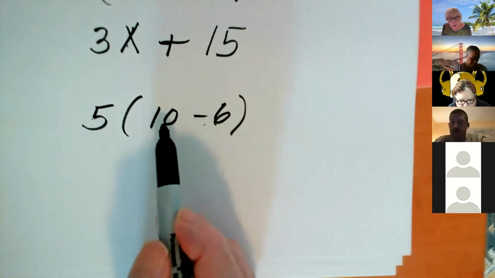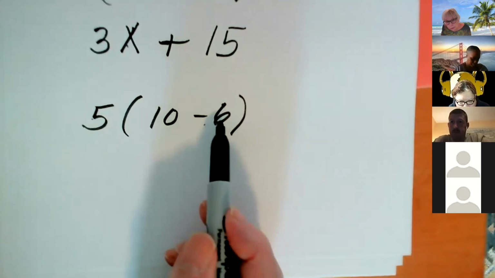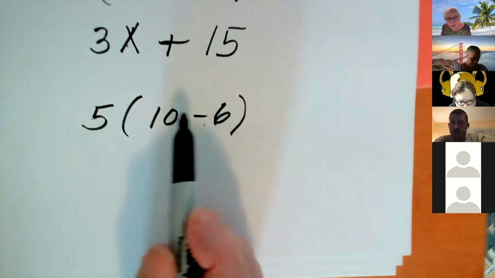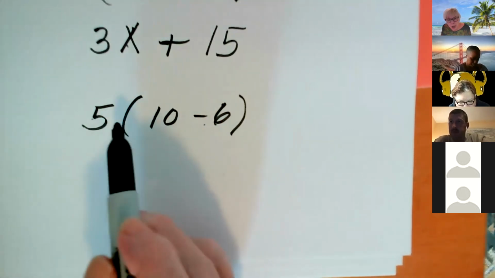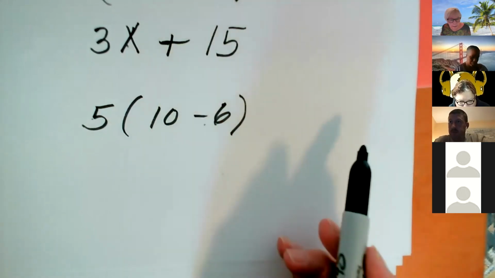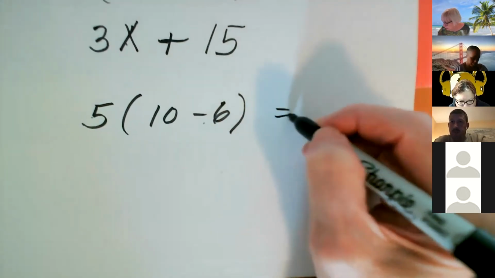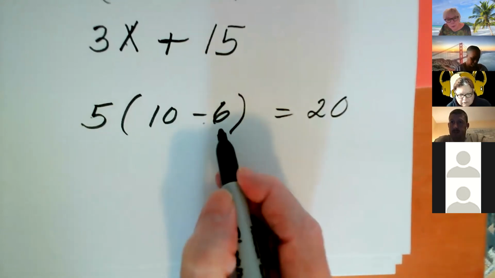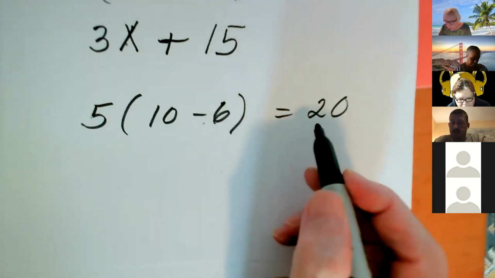subtraction. So this is 4, right? And then 5 parentheses means times 4 would be 20. This is 4, this is 5. 5 times 4 is 20.